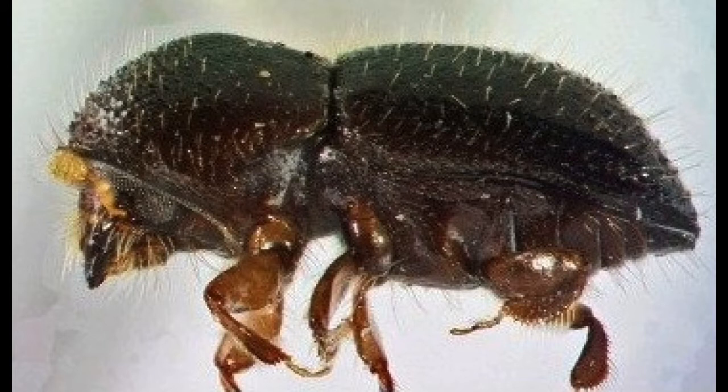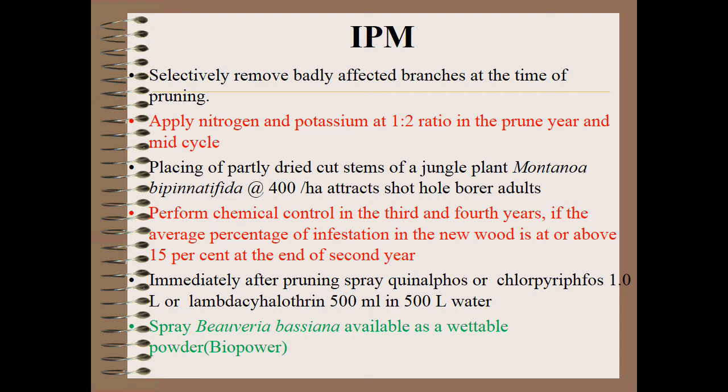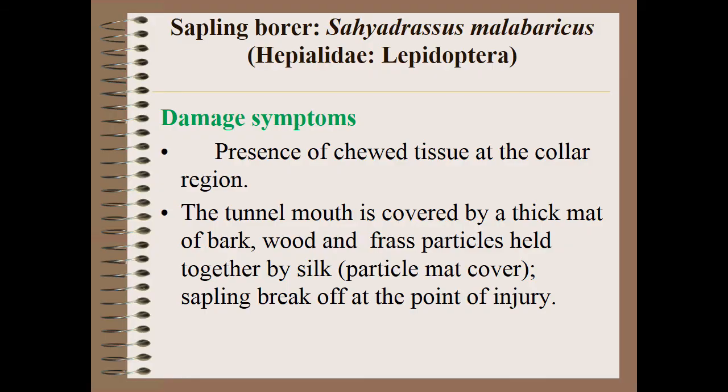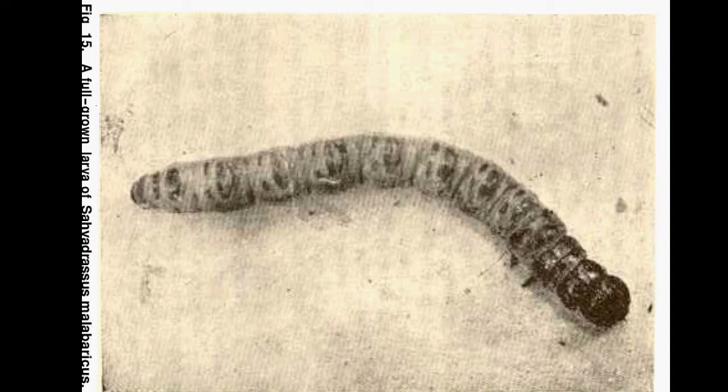What about management? Apply nitrogen and potassium in the ratio of 1 to 2. Spray Beauveria bassiana as wettable powder. The next one is sapling borer, Zeuzera coffeae, Hepialidae, Lepidoptera. The damage symptom is the presence of chewed tissues at the collar region. The tunnel mouth is covered by a thick mat of bark, wood, and frass particles.